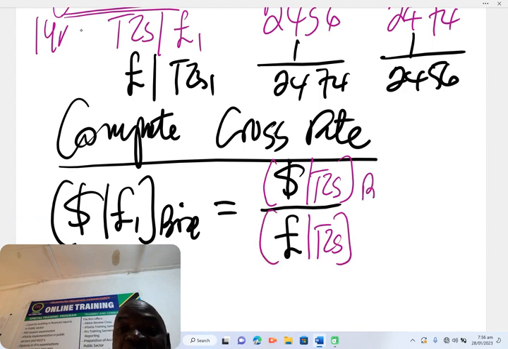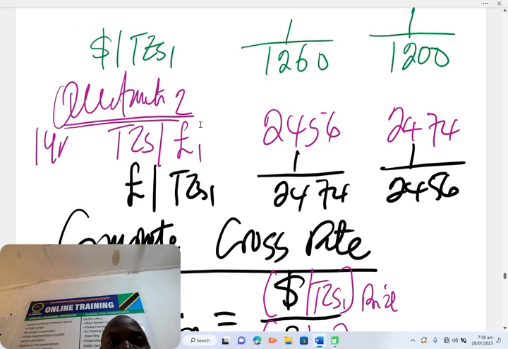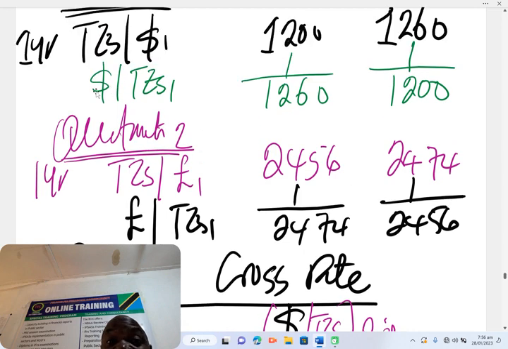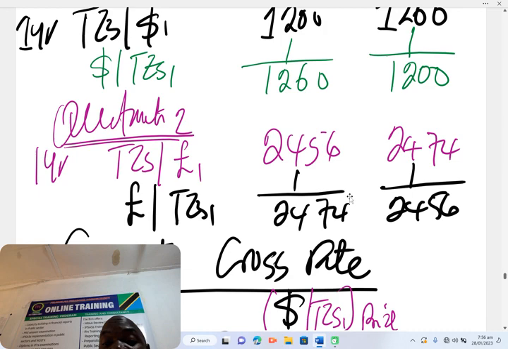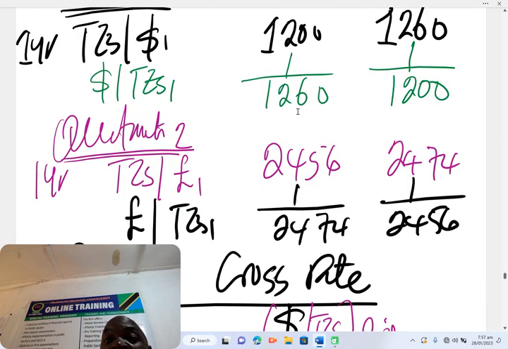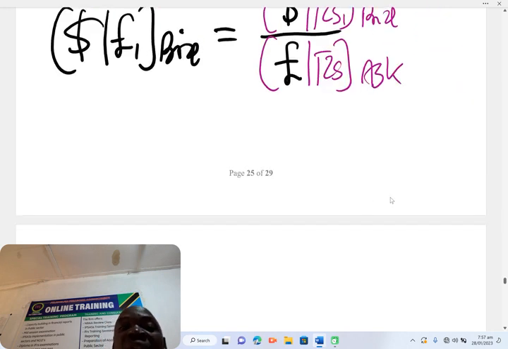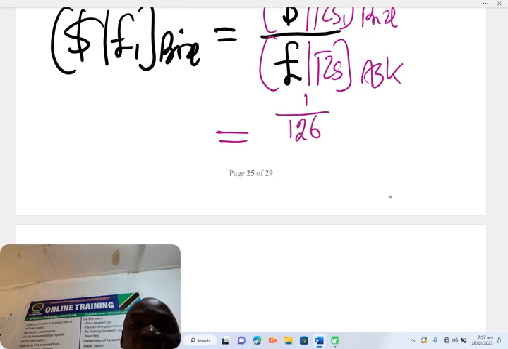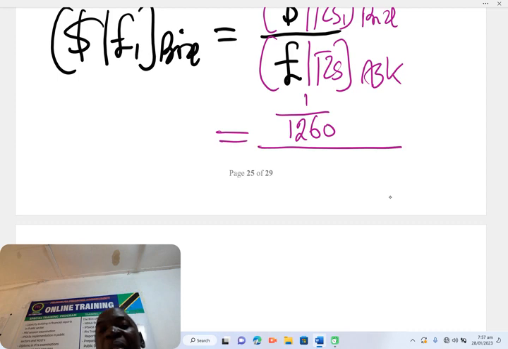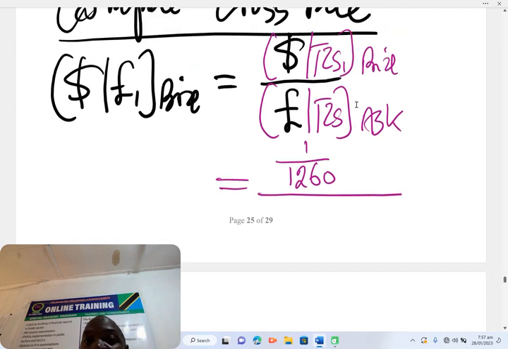This is bid, so you write bid over ask. So dollar stroke TZS, where do we get it? Somewhere. Dollar in green. Do you see? But this is bid. So bid is 1 over 1260. Divide. Again, pound stroke TZS.